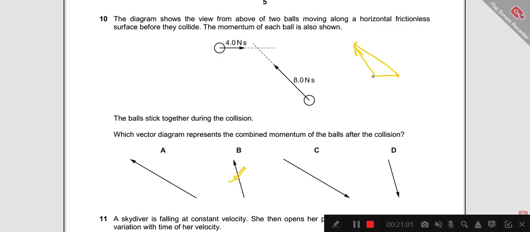After the collision, the two balls stick together, they'd have the same momentum as before. That is the total momentum which was before collision. This would be the total momentum after the collision as well, the combined momentum. Option B is the correct option.